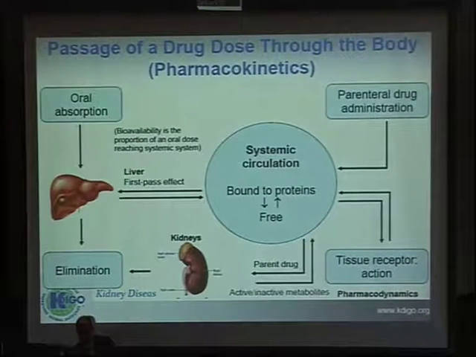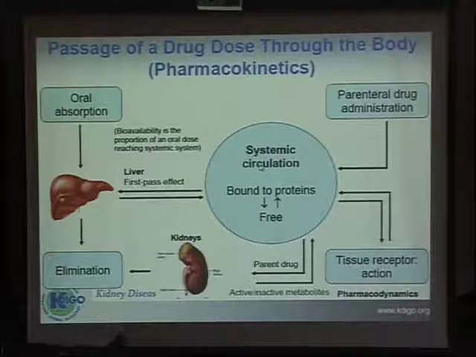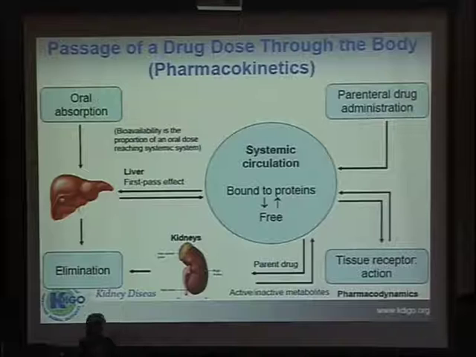So when the patient takes a drug orally, it's going to be absorbed, and then it will undergo first pass to the liver, and then it's going to be distributed to the tissues and reaches the systemic circulation, where protein binding is going to take place.